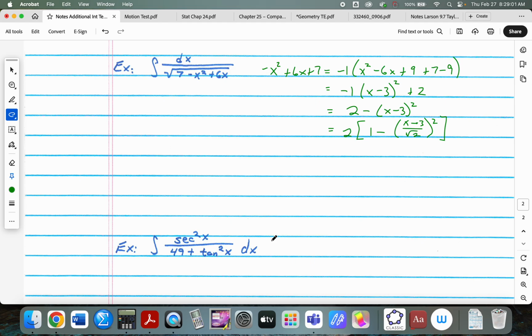This one actually turns out nicer than you might expect, because all of this is under the square root, right? So when I pull this constant out, it's going to be 1 over the square root of 2 times the integral of dx over the square root of 1 minus x minus 3 over the square root of 2 squared.